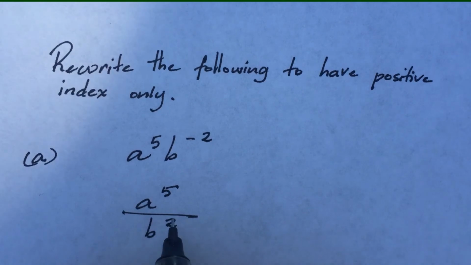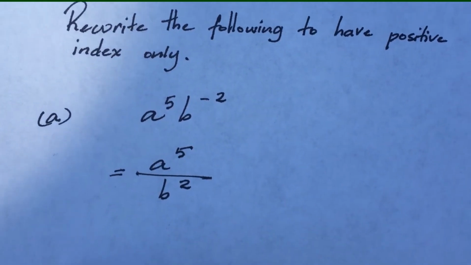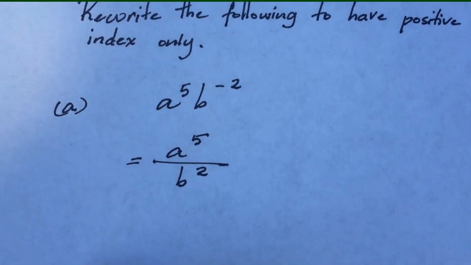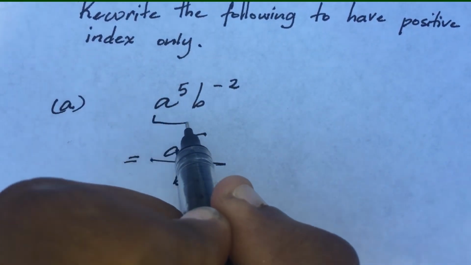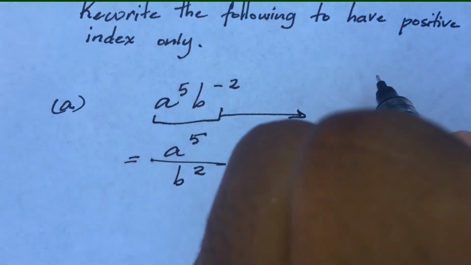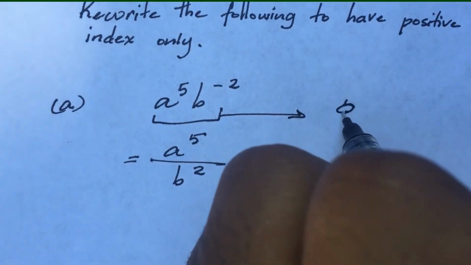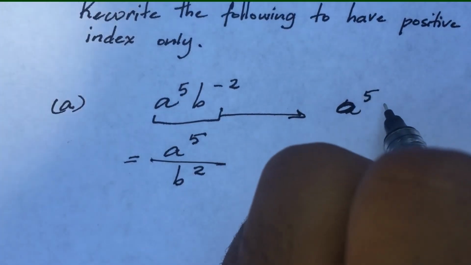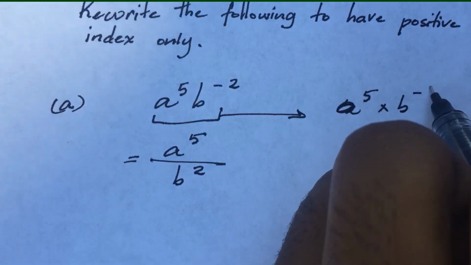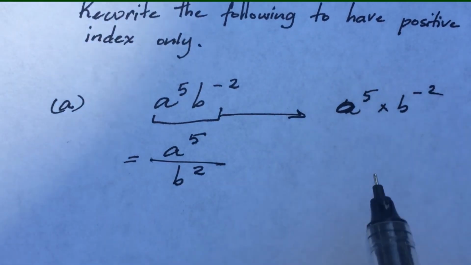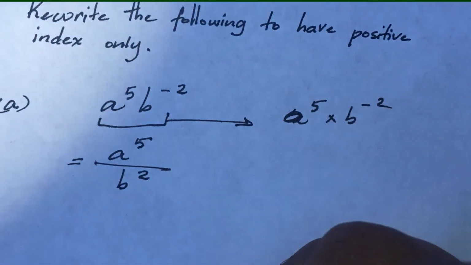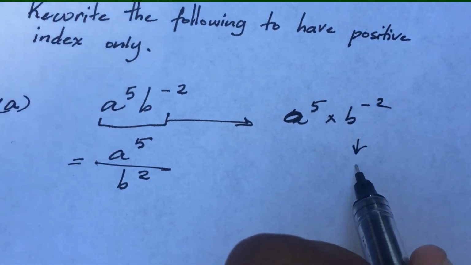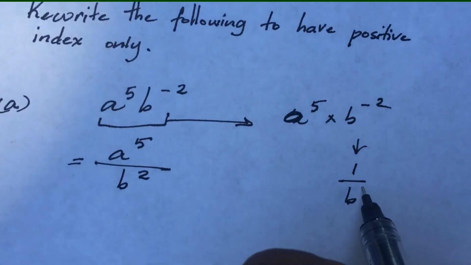It becomes positive. So as simple as that. So let me show you how we do this step by step. So a to the 5 times b to the negative 2. A to the 5 will stay in our numerator, but we can rewrite b to the negative 2 as 1 over b to the 2.